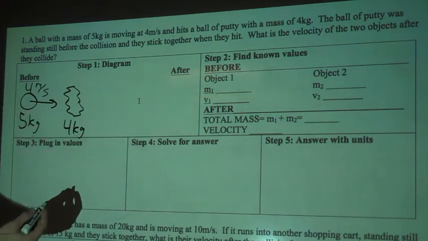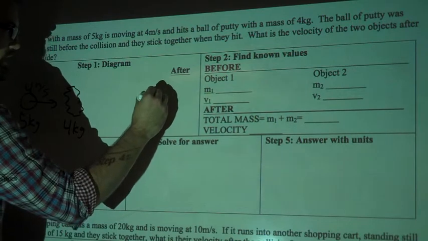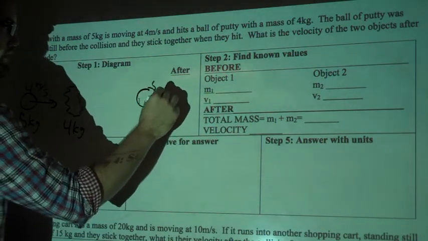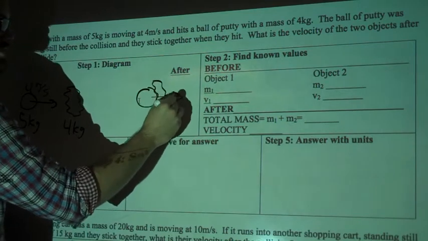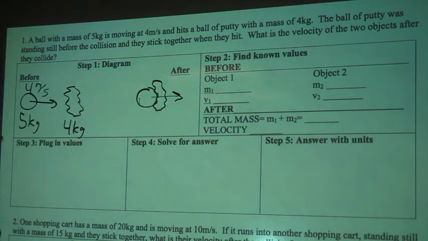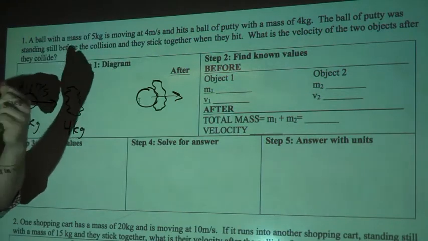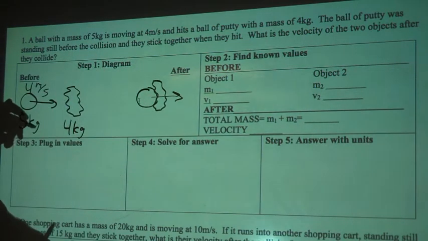The after diagram, so we have, we'll just say this is the ball, and this is the putty. And they're stuck together, and they're still going to be moving that way. When they hit each other, they stick together. They're going to be moving this way.